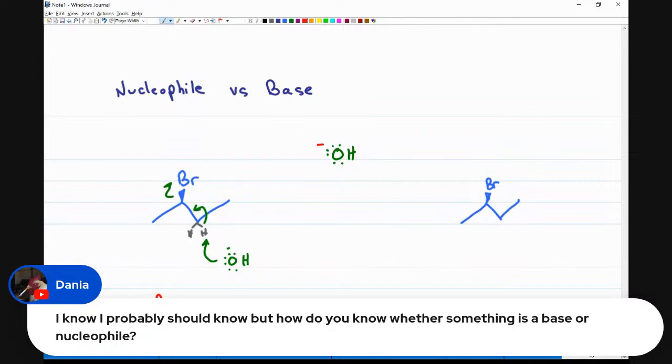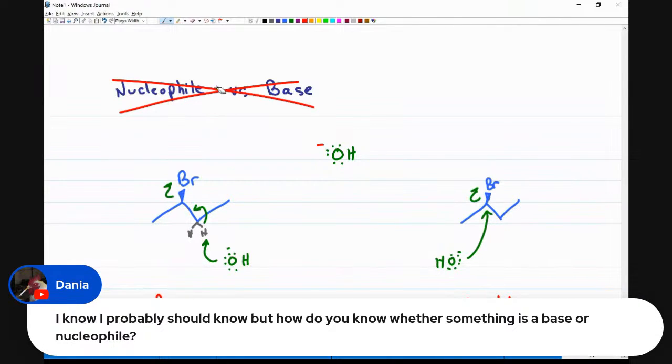Base grabs hydrogen. If instead my OH minus chooses to attack at the carbon holding the leaving group, meaning the alpha carbon, and kick out the bromine, now it's acting as a nucleophile. That is why we don't care about this question.